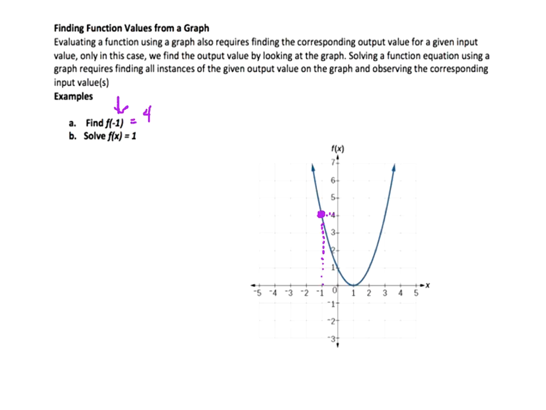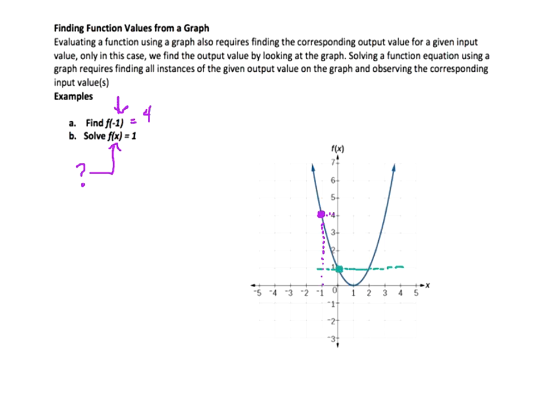All right, the exact opposite question. What do I have to plug in for X to get an output of 1? Let me switch colors here. Yeah, so we've got 2 answers here because this is not what we call a one-to-one function. It is a function, but it's not a one-to-one function, and we're about to talk about what a one-to-one function is. So if I want an output value, that's my Y's.